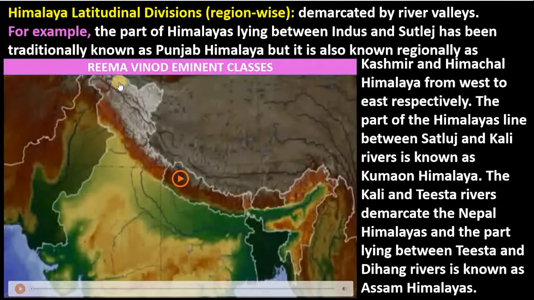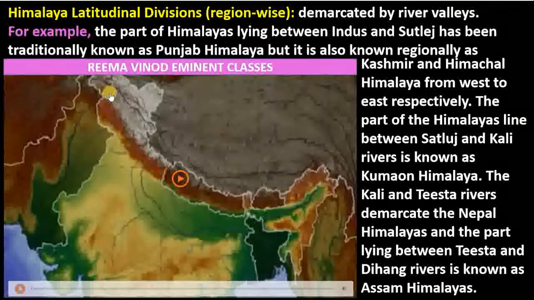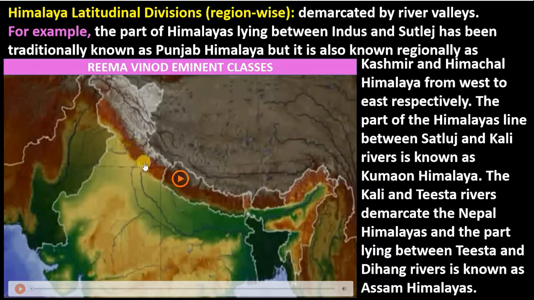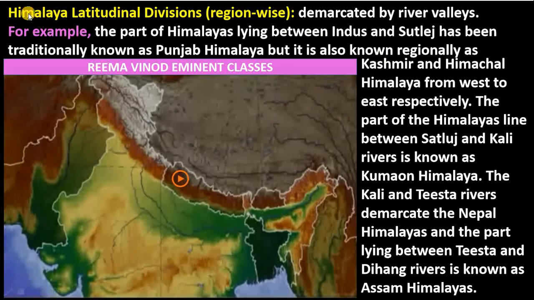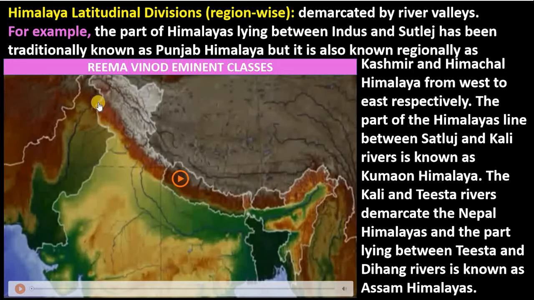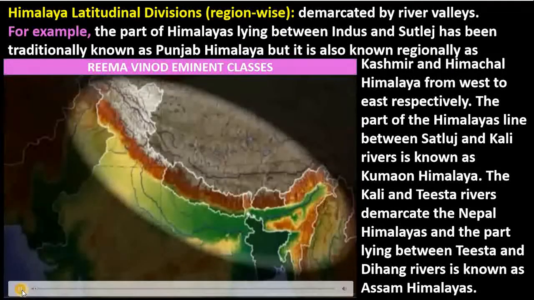If we talk about longitudinal division, firstly we have seen the Himadri range, then Himachal, and then the Shivalik. Now we are going to study the Himalaya latitudinal division region wise. It will be from west to east.